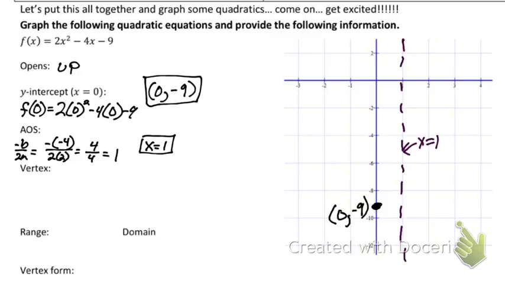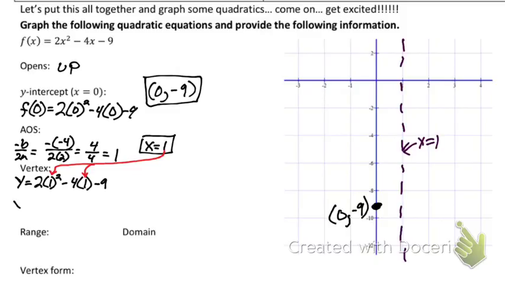So to find our vertex, we are going to look for y equals, instead of x's, I'm going to use the 1s. So we'll have 2 times 1 squared minus 4 times 1, and that's going to be minus 9. Just remember, you just take this 1 here and plug it in for your x's.